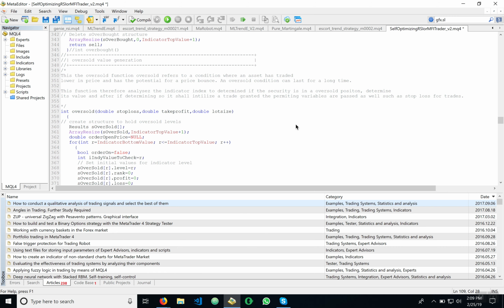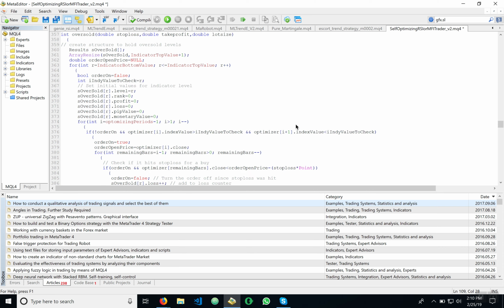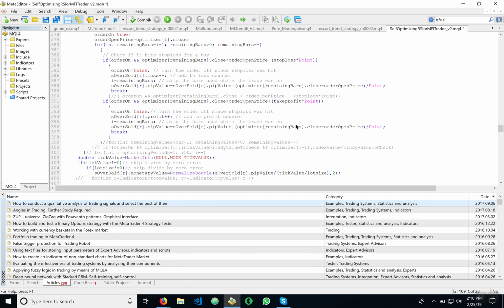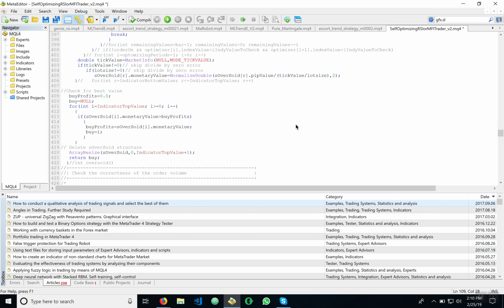So it goes through it more than once to determine the highest possible sell value, or as in the overbought function, the overbought value, and then sends that into an open trade that the EA will execute to make the best possible profit, or if it's in the break even criteria, execute that. Now let's move on to, and as we can see here, it checks for the best value.